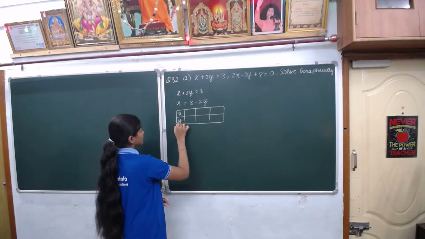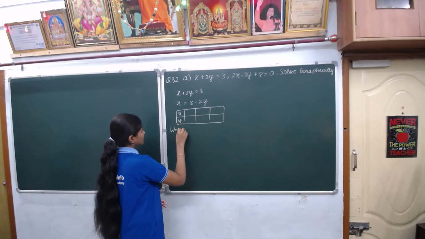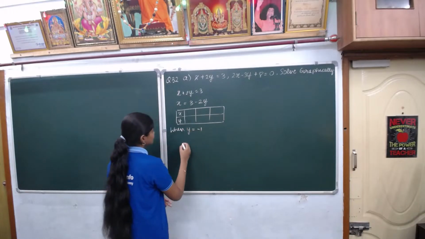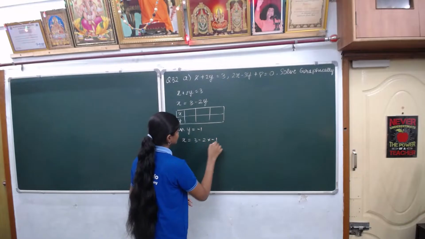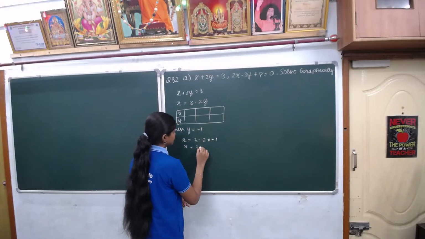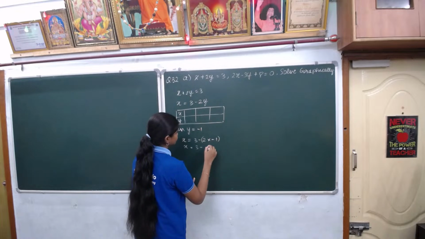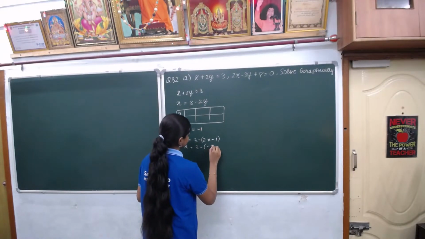First, when we take y is equal to minus 1, then x will be 3 minus 2 into minus 1. Put the bracket always: 2 into minus 1 is minus 2.